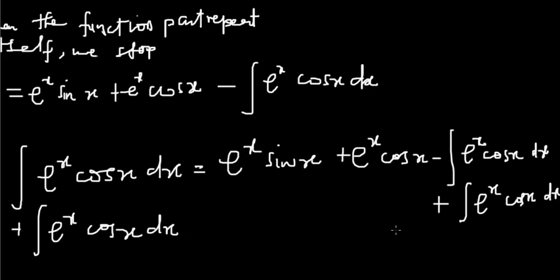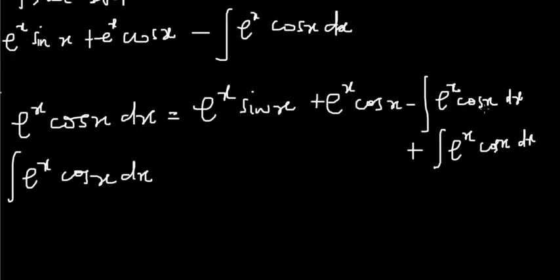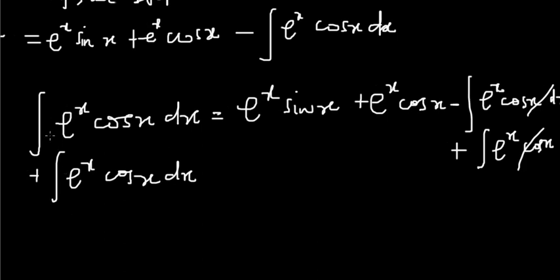So from here, we could notice that these two will just cancel out, okay, because this is positive integral of e exponent x cos x dx, and then this is negative e exponent x cos x dx. So these two will just cancel out, so we'll be left with this one, okay? So this will give us the integral of e exponent x cos x plus the integral of e exponent x cos x.